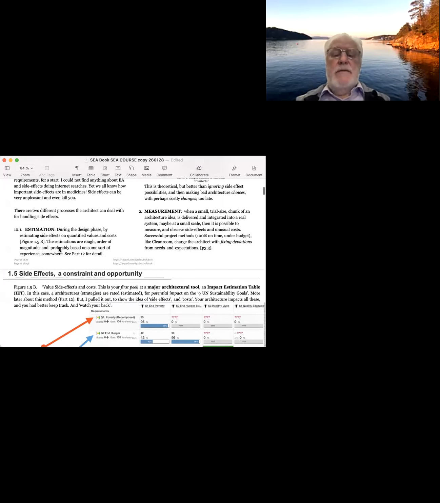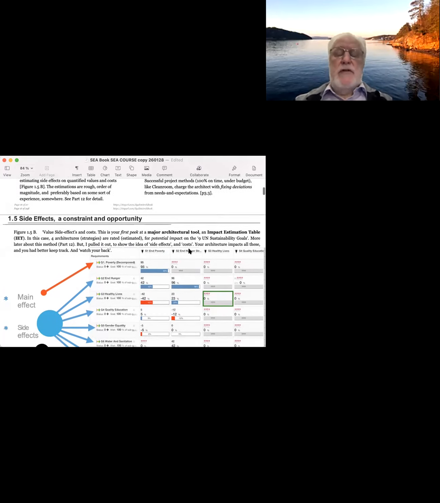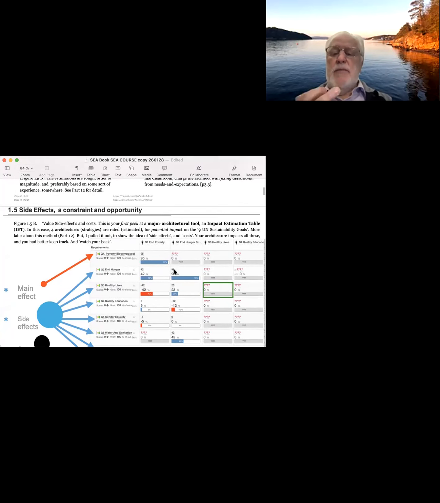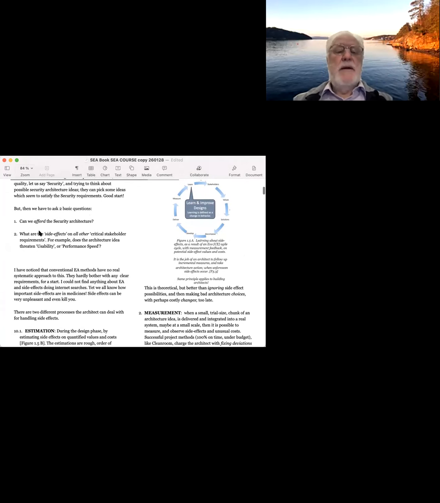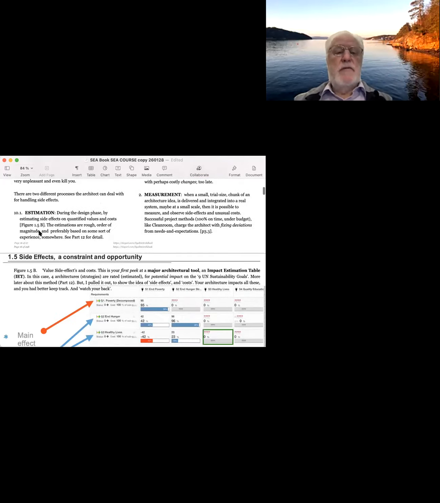And to do this, we need a method or a tool. So I did introduce already the impact estimation table to look at the side effects of any architectural component on the money, time, people, and other limited resources.